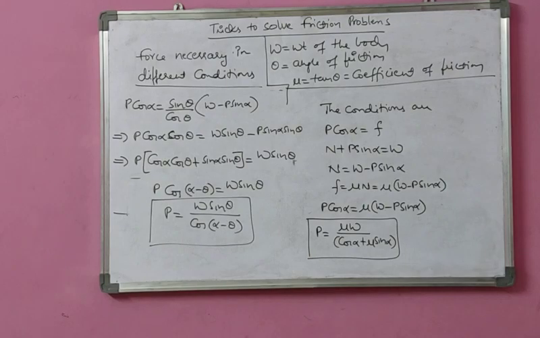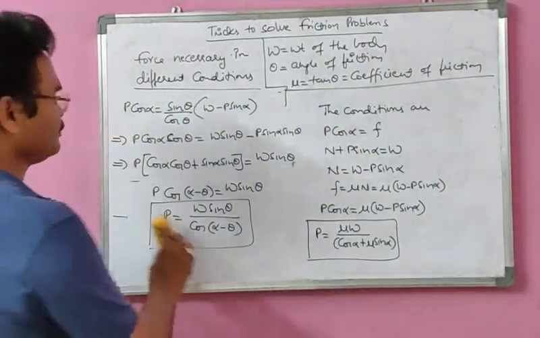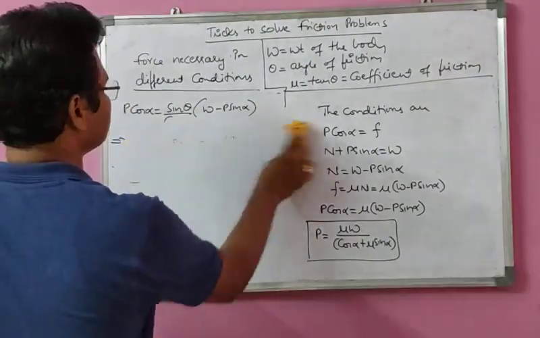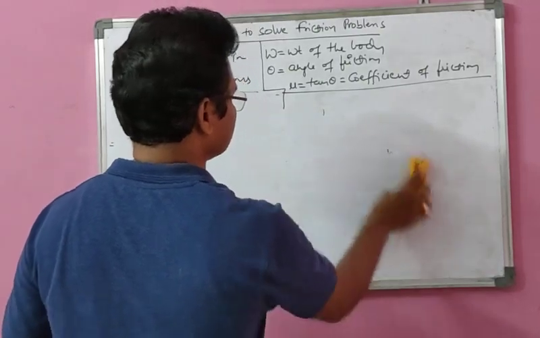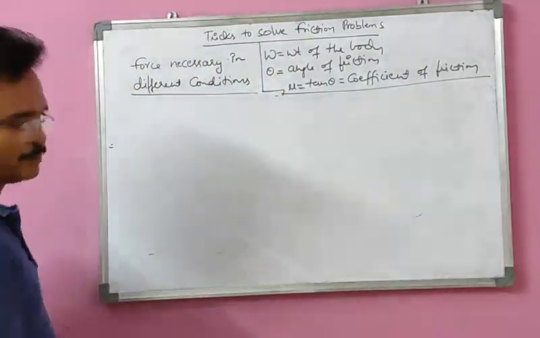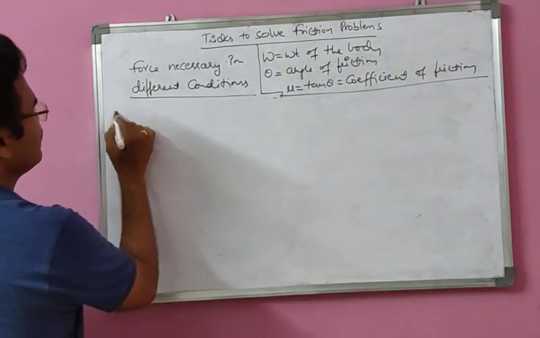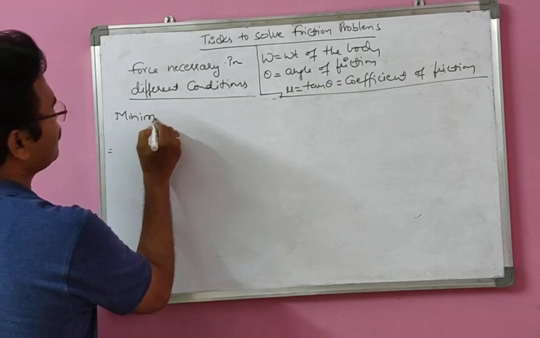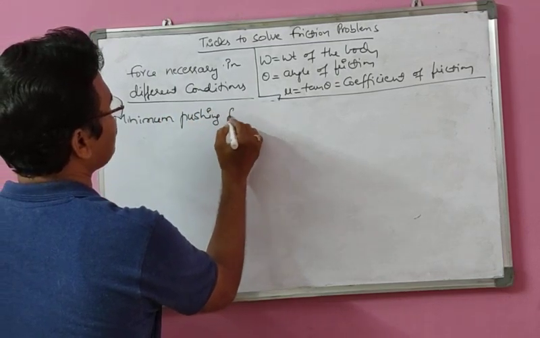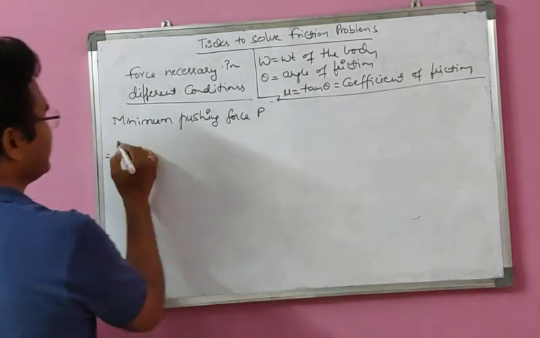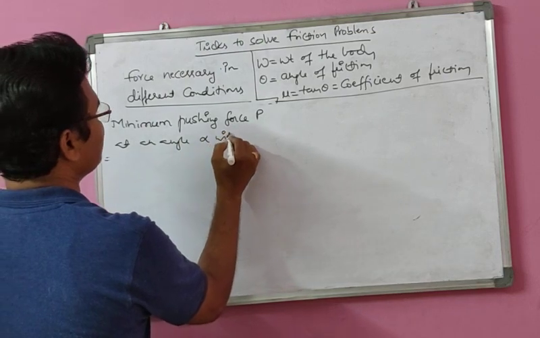Copy this one, then we will move on to the next one. Next, minimum pushing force at an angle alpha with a horizontal.